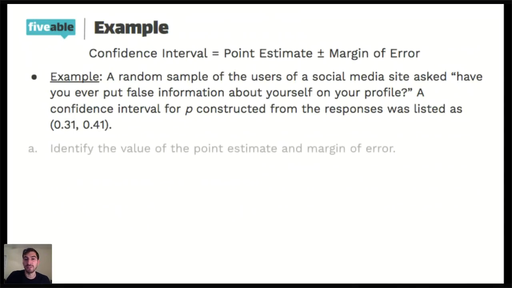First thing to figure out is what in that confidence interval was the point estimate and what was the margin of error? Take maybe 15, 20 seconds to look at that and identify what there must have been for a p-hat and what there must have been for a margin of error to get that confidence interval.